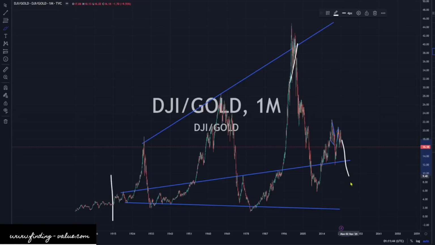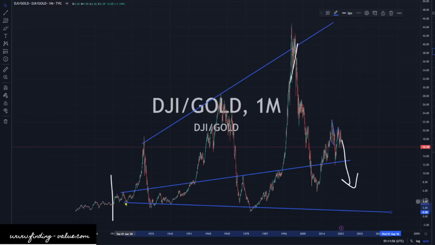We are going to move lower, and I'm not going to pretend I know exactly where it's going to go, but there's a strong likelihood that we could get back down to an area around perhaps 2 or 1 even. And I know that sounds really ridiculous. The Dow Jones Industrial Average, I don't even know what it is at the second.